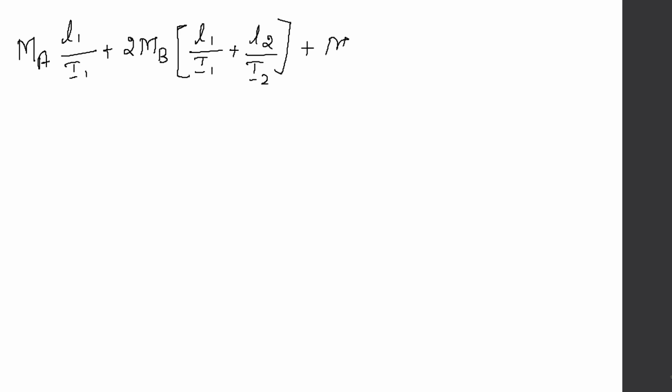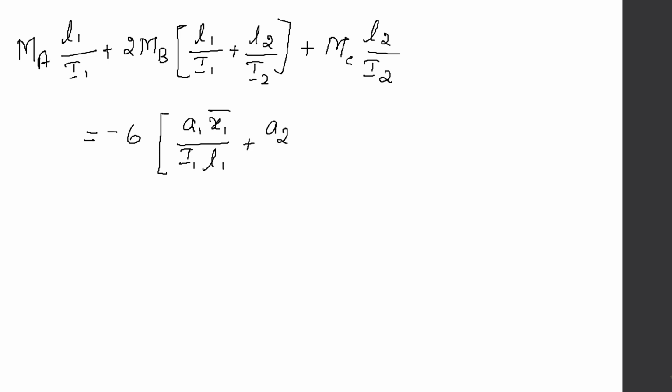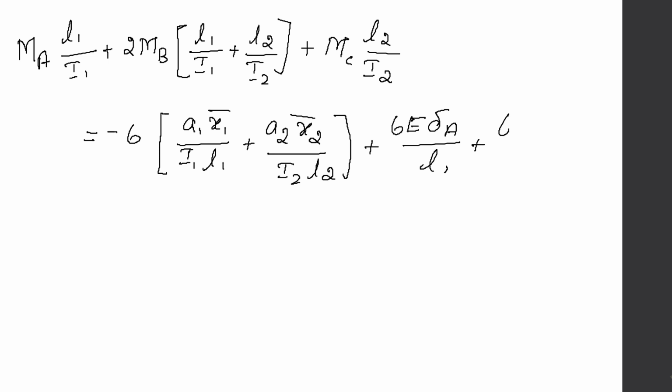MA into L1 by I1 plus 2 times MB into L1 by I1 plus L2 by I2 plus MC into L2 by I2 is equal to minus 6 into A1 X1 bar by I1 L1 plus A2 X2 bar by I2 L2 plus 6 E delta A by L1 plus 6E delta C by L2.